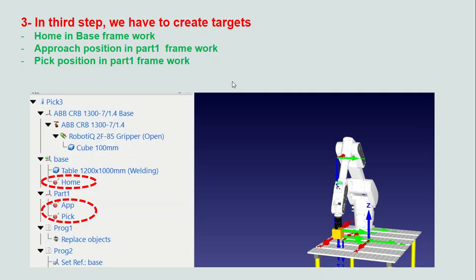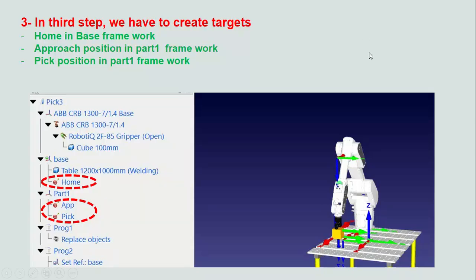The other target would be the approach to the object, and the last target would be the pick position, so that the gripper can pick the cube. So we need to have 3 targets. This is the third step.